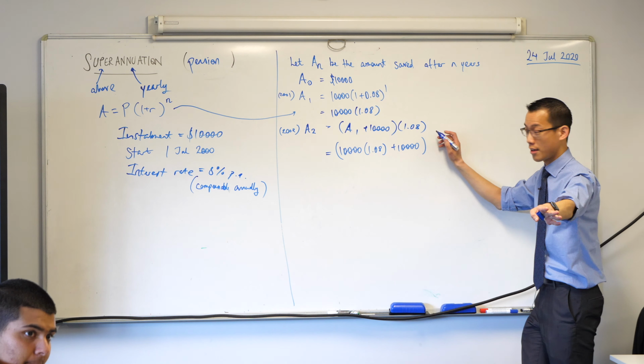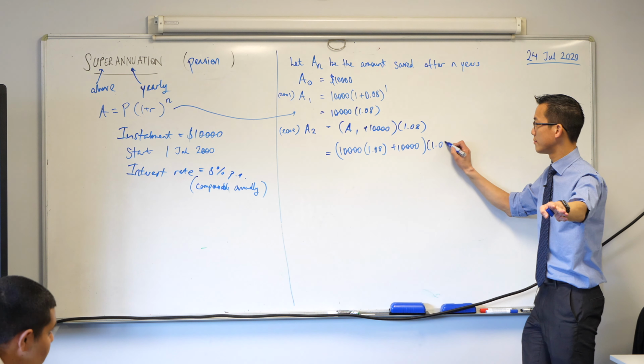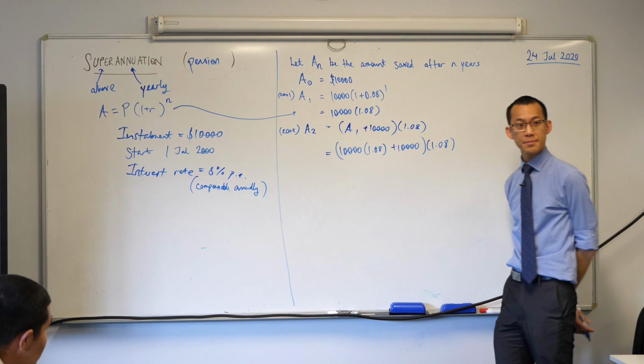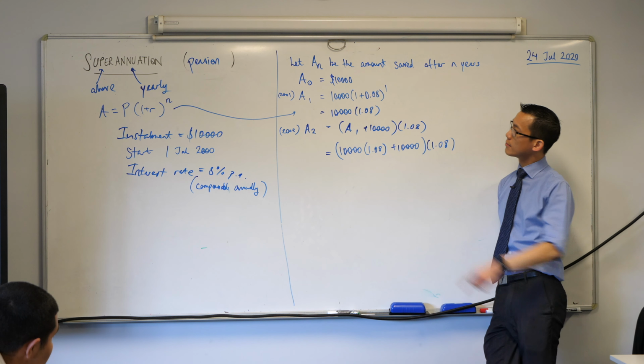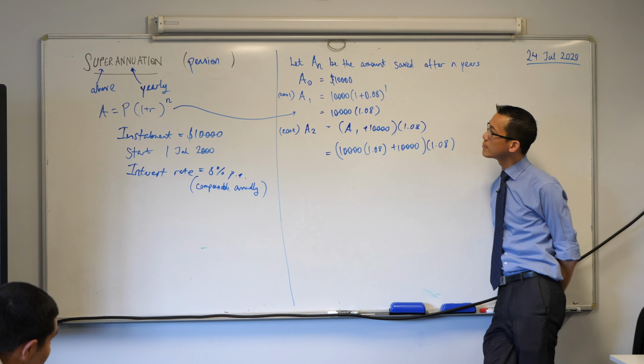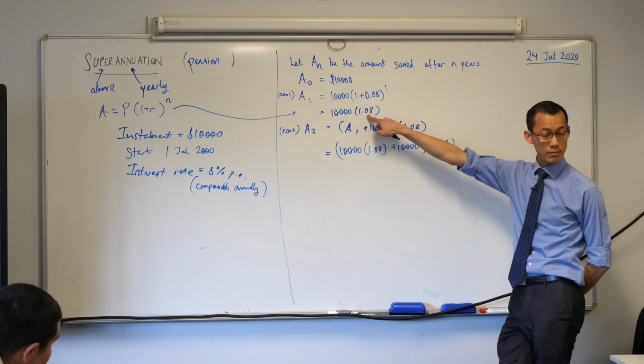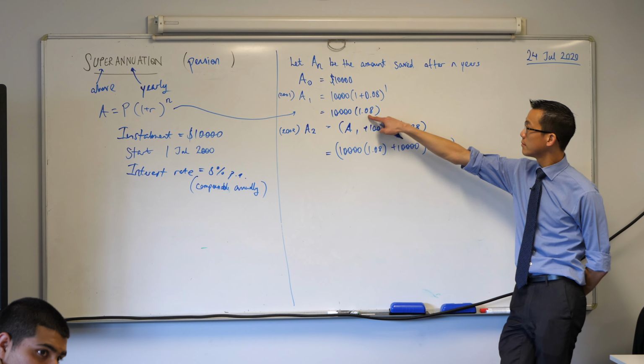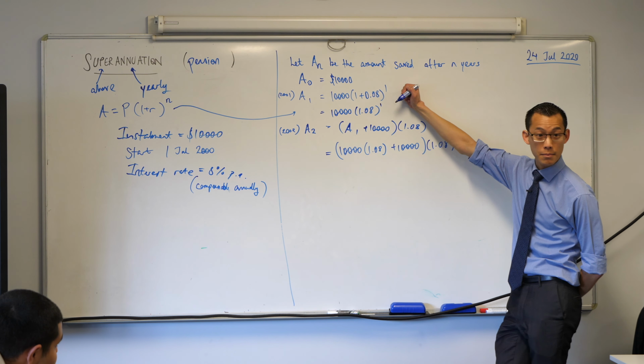Yes, Sophie? I'm confused where the square has gone. What square? In A1, we simplified it down to 10,000 bracket 1.08 because it was a power of 1. Then you're saying, is it being squared? Yeah, that's a really good question. You're one step ahead of me.